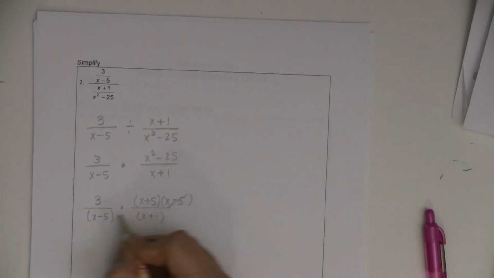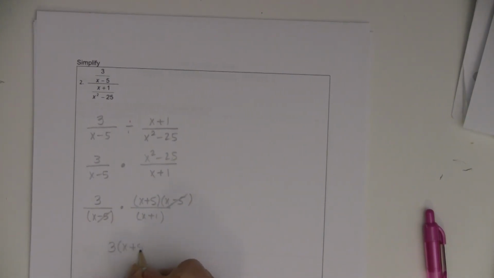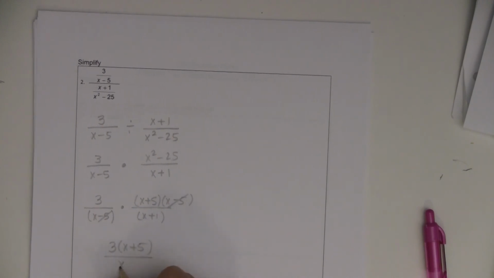And when you reduce, you're left with, in the numerator, 3 times x plus 5, and in the denominator, x plus 1. You could have pushed these together first or pushed them together second. It doesn't matter when you get it all as a multiply. So we did a lovely job on that, and that's our answer there.